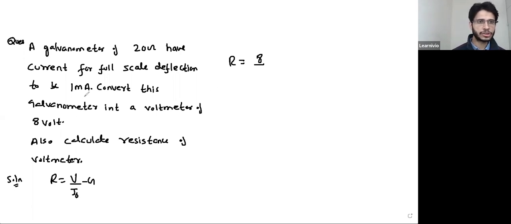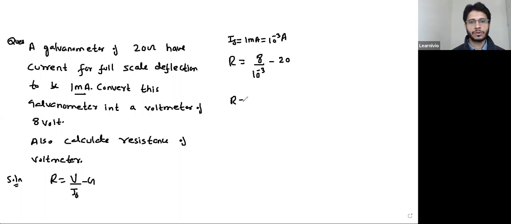How much is Ig? It's 1 milliampere. Don't forget to convert this milliampere into ampere. 1 milliampere means 10 raised to the power minus 3 ampere. It's 8 by 10 raised to the power minus 3 minus G, which is 20. So your R comes out to be 8,000 minus 20.